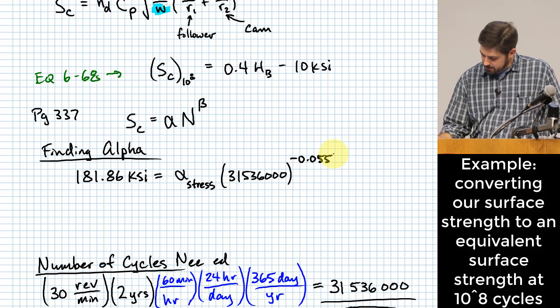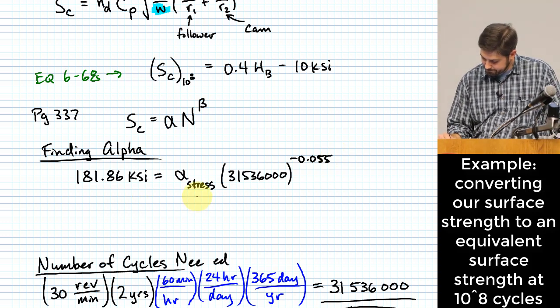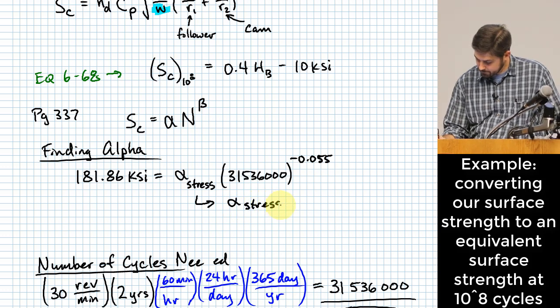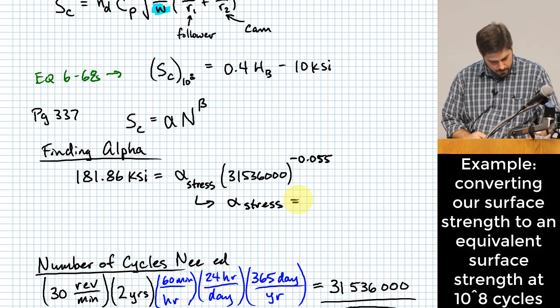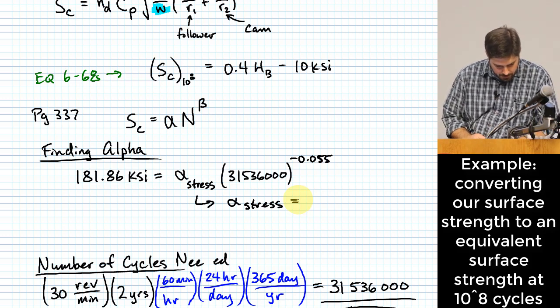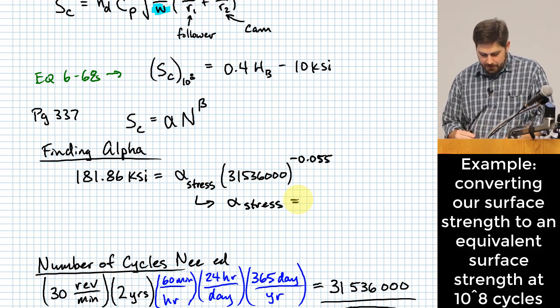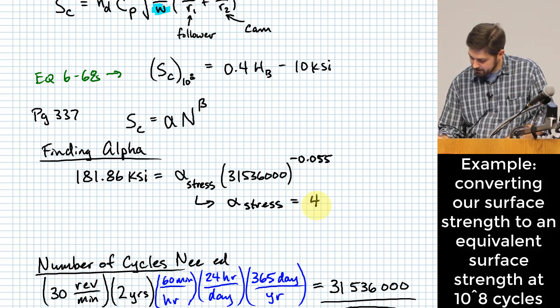Okay, and you can solve for alpha. And I come up with 470.09 KSI.